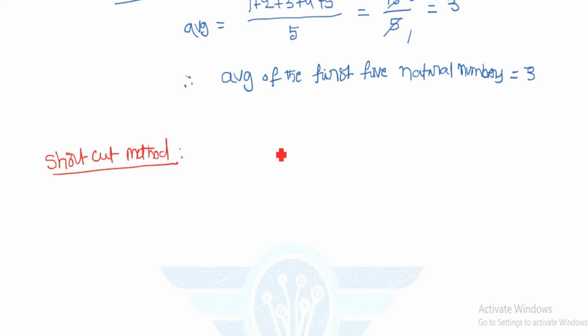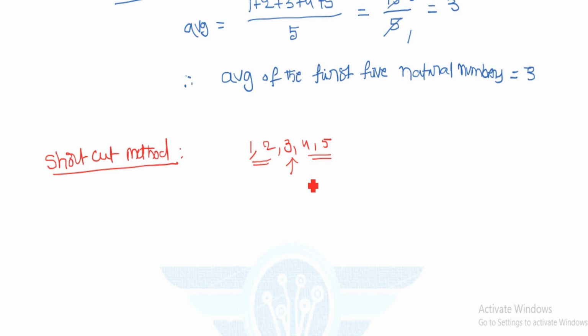For the natural numbers, given natural numbers 1, 2, 3, 4 and 5. These are the given natural numbers in this question. For any natural numbers given side by side, the average of the given numbers is always the middle number. Here there are two numbers, here also two numbers, so the middle number is 3. This is the average of the given question.